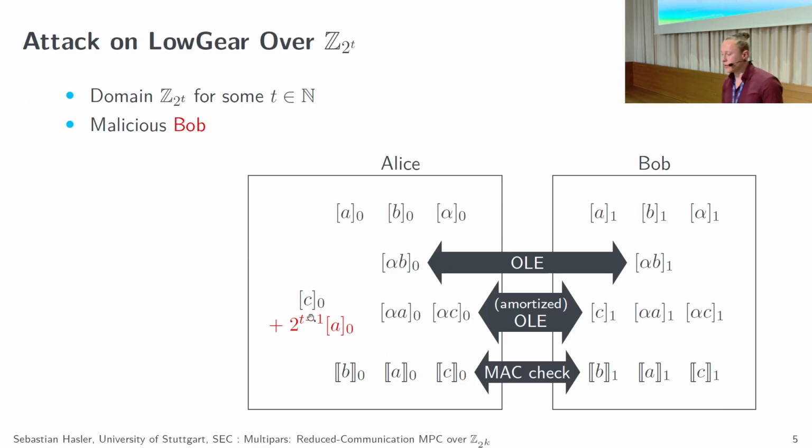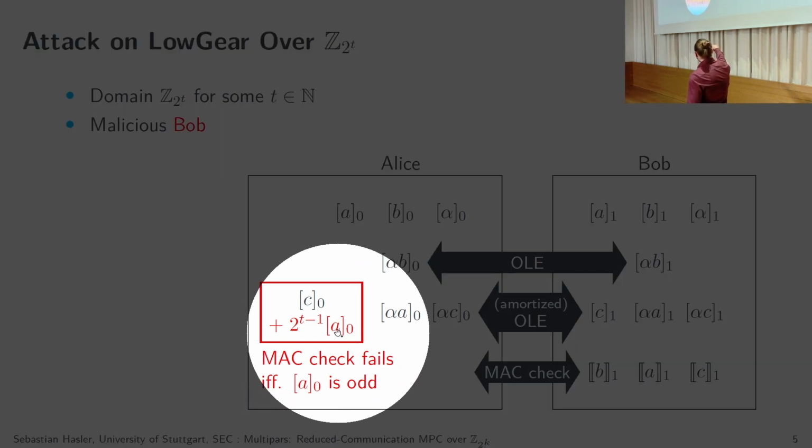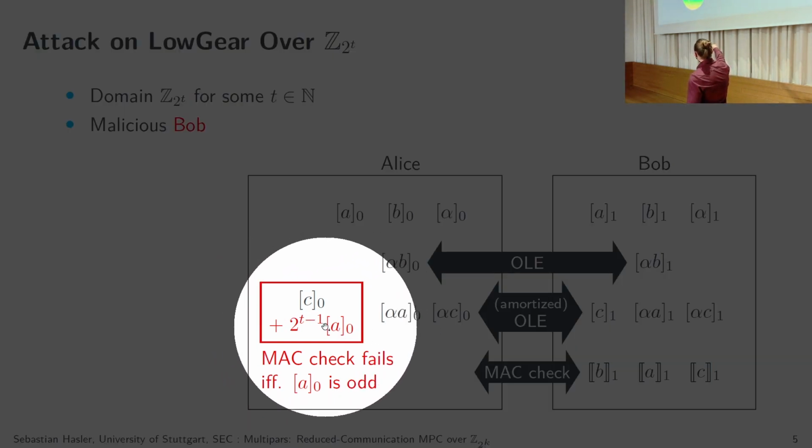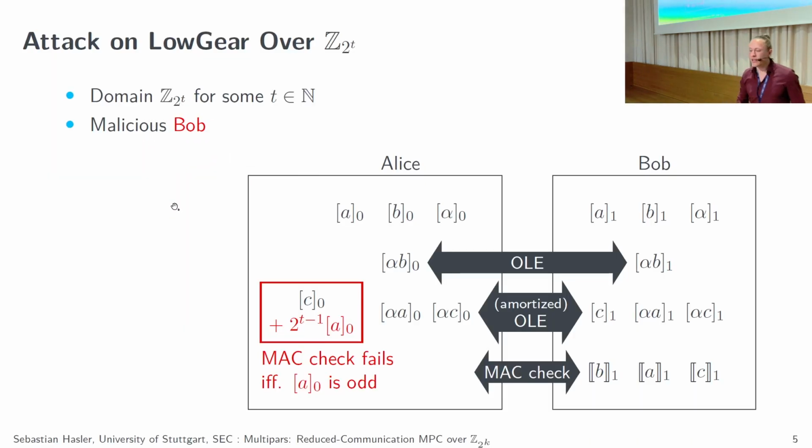Then this share is now tampered with, and the MAC check will now fail if and only if A_0 is odd. Why is this? Well, if A_0 is even, then it would have a factor of 2, so 2^(t-1) times 2 cancels out. So that's 0 again. So we didn't actually tamper with it.